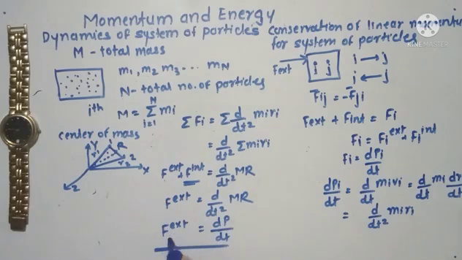Now this says that when the external applied force is 0, then the rate of change of momentum will also be 0. This is the law of conservation of linear momentum.